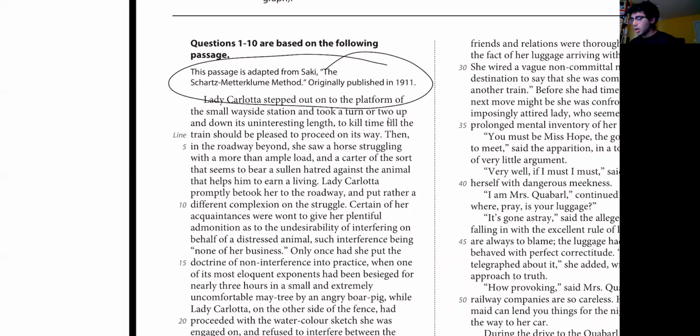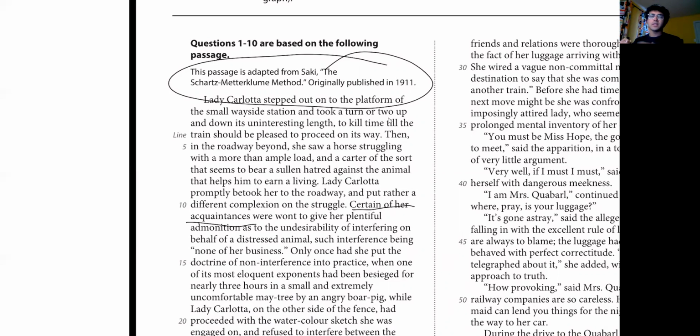Now Lady Carlotta is seeming to interfere, because previously, what it says here, certain of her acquaintances, so this is what her acquaintances are thinking. It says that she tends to get into these people's struggles that are actually none of her business.